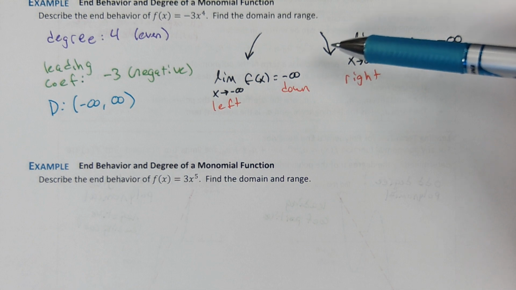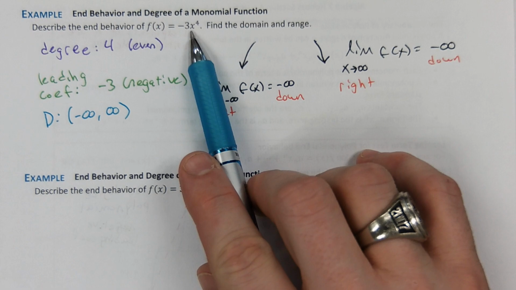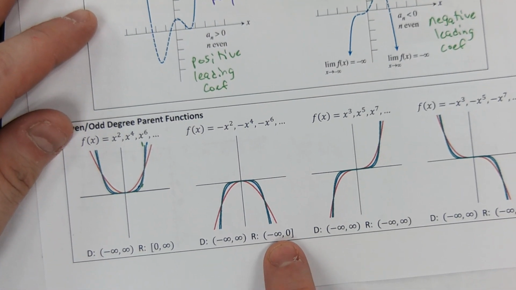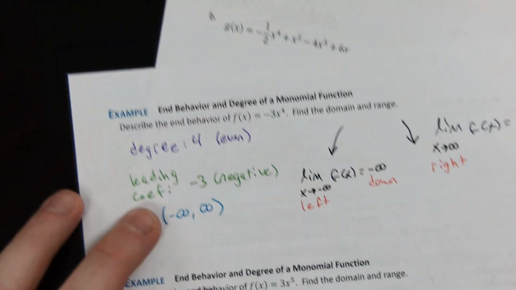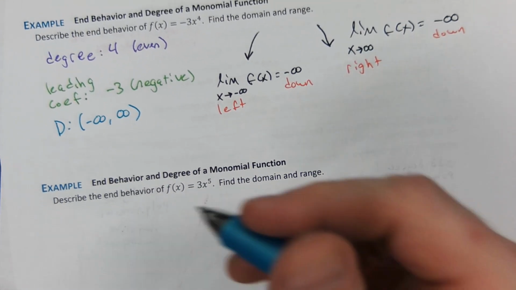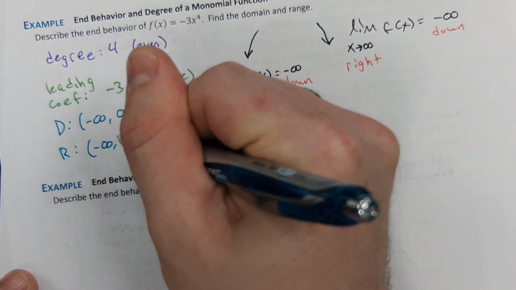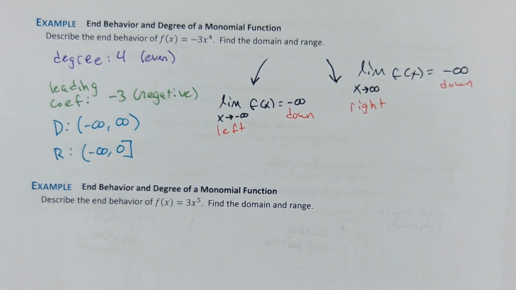Now, normally you wouldn't know the range without the whole graph, but it's a monomial that has not been shifted up or down. That means it has that range right there. Negative infinity up to 0 inclusive.